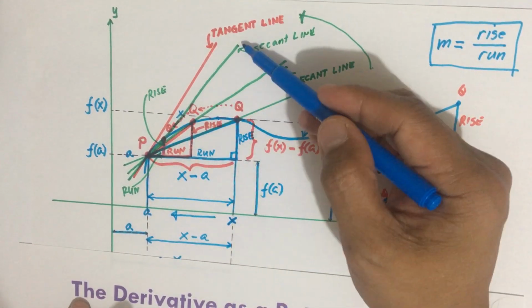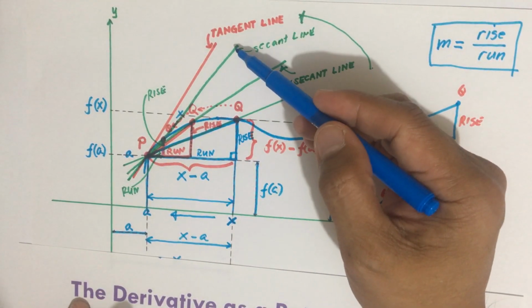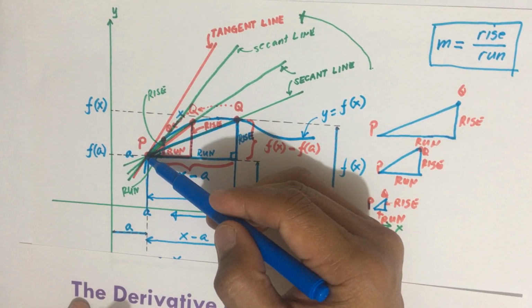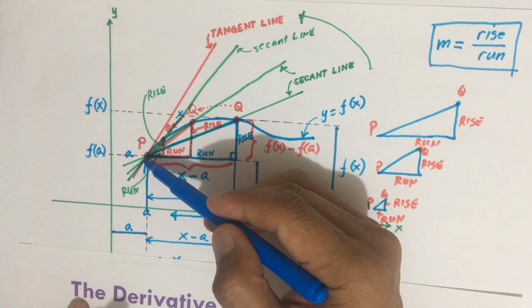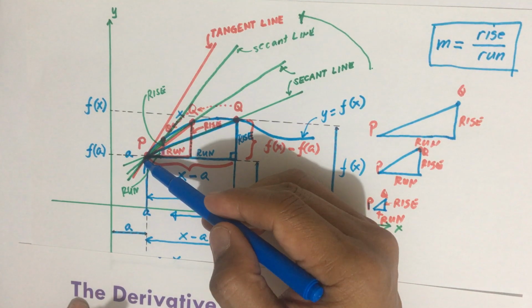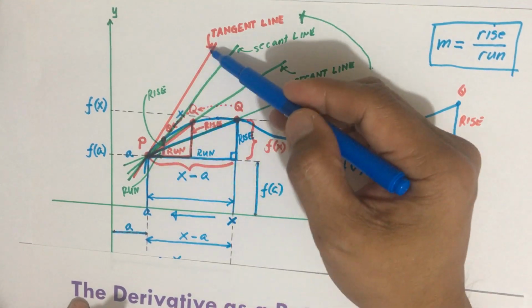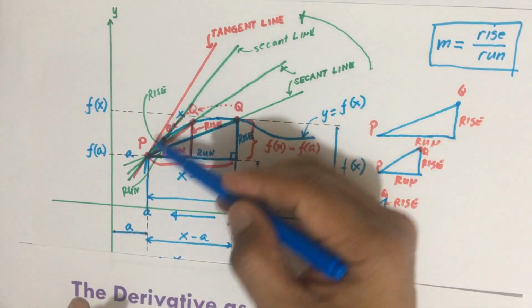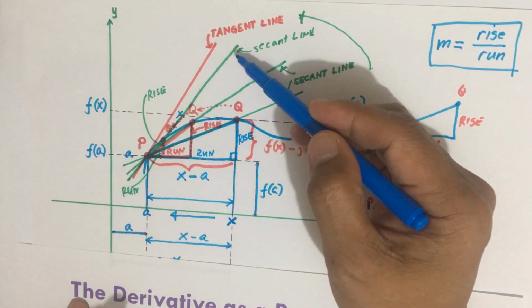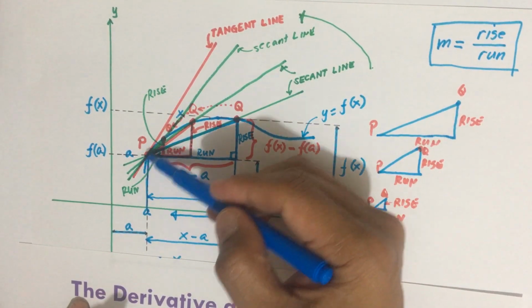What is the limit of this position? If Q approaches very, very close to P, or exactly at P, that's the limit. As Q approaches P, the secant line approaches the tangent line. So the limit of the secant line is the tangent line.